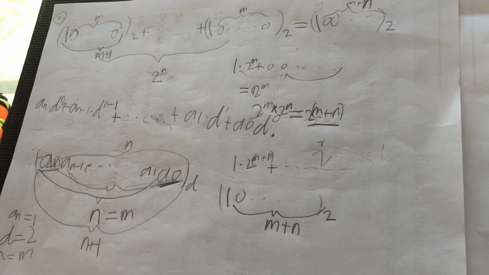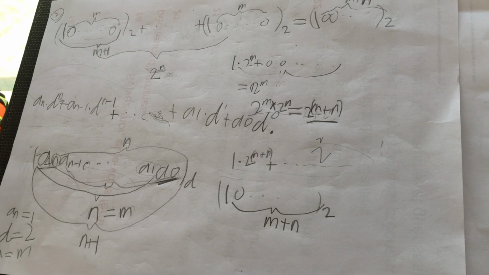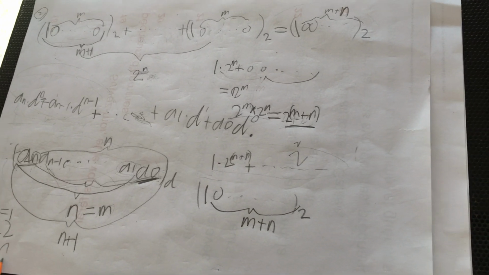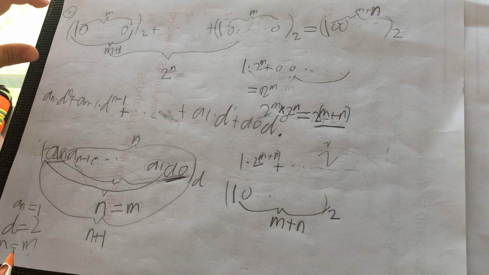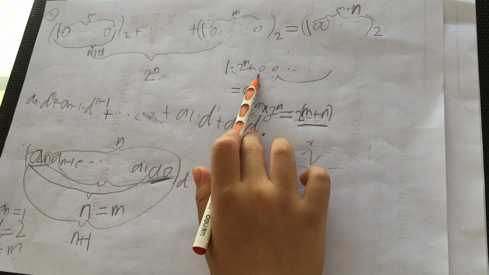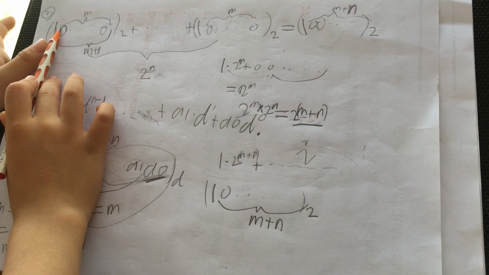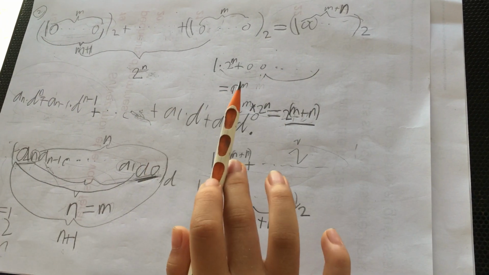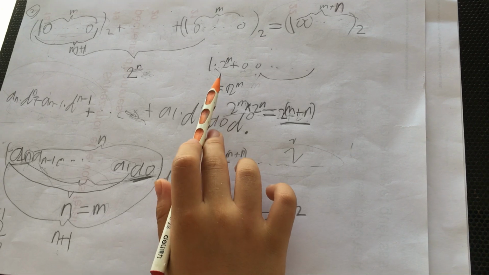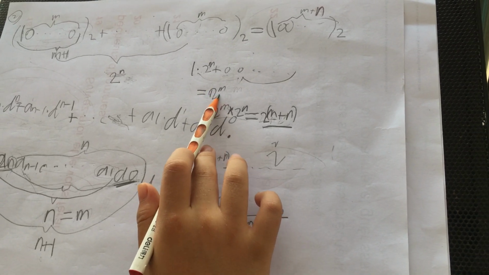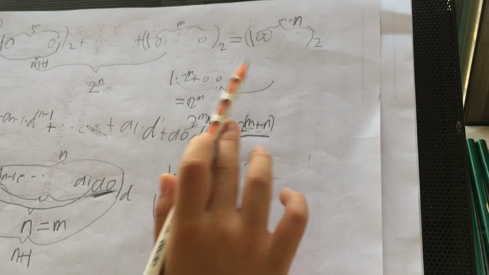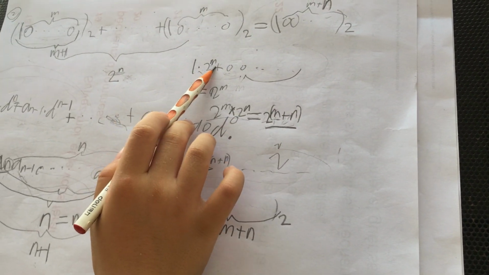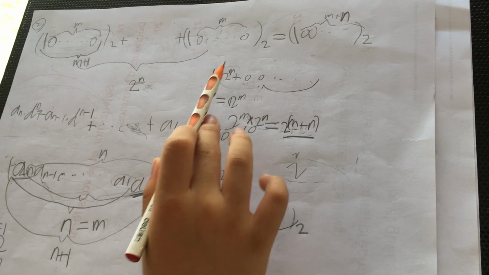Because N equals M. We don't know what M equals, but we know what it means. Plus 0, because we know the other digits are all 0. So it equals 2 to the m's power, because all the others are 0. None of them is a 1. Because 0 times any number is 0.